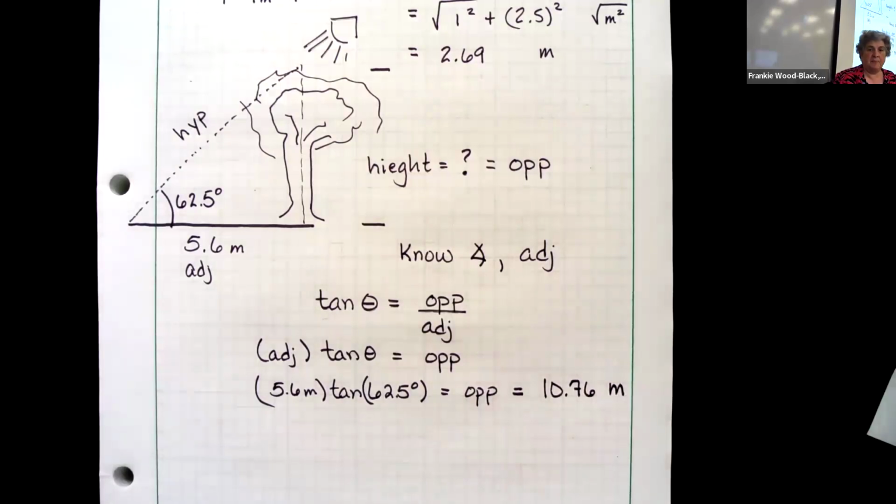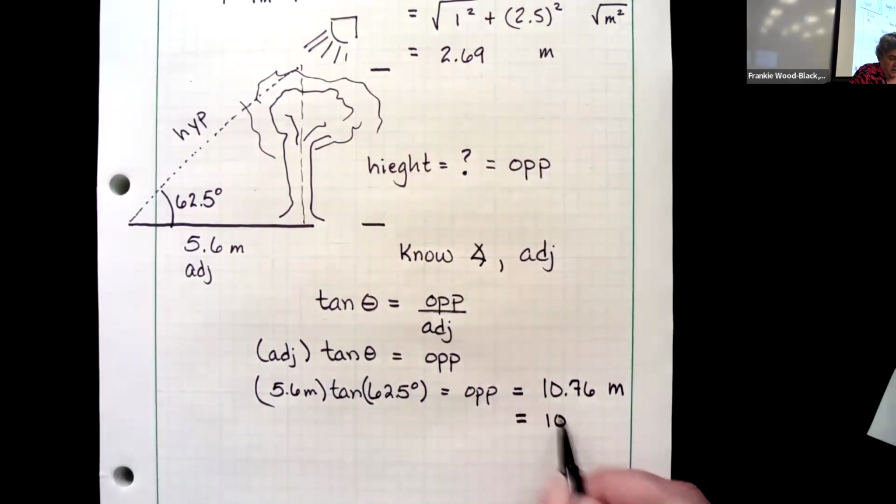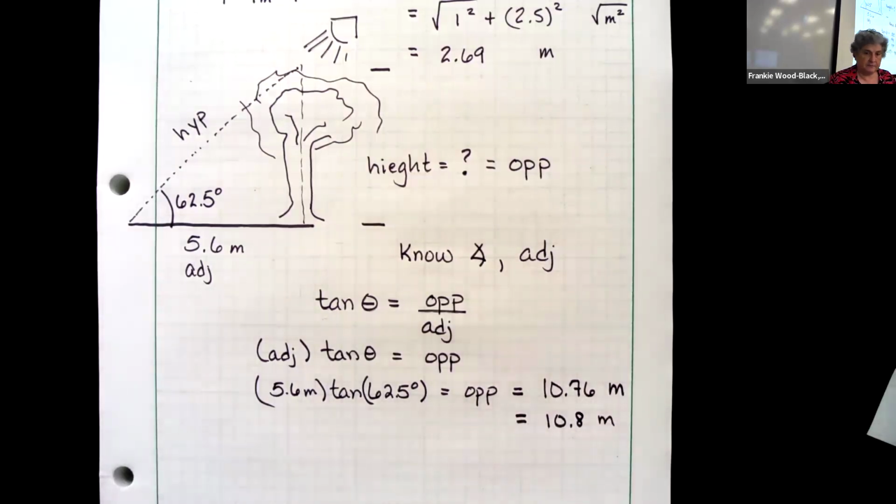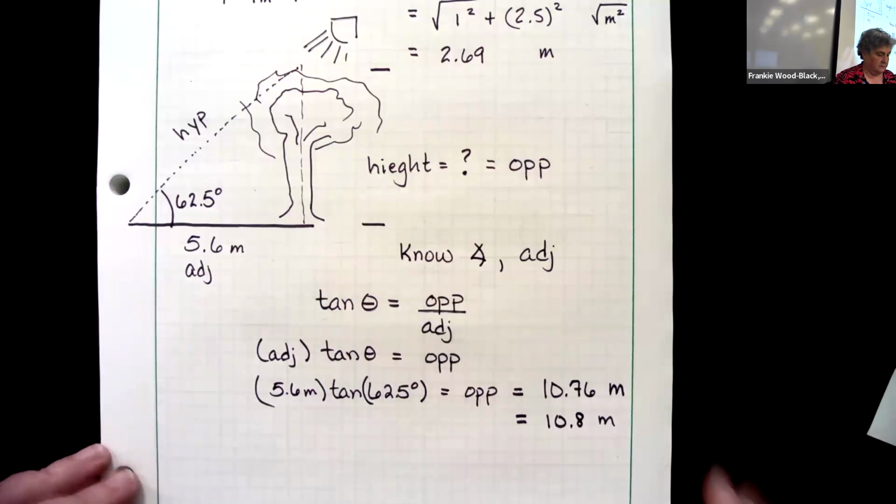If I wanted to keep the appropriate significant figures, just to keep us reminded on the appropriate significant figures, I end up with that. And so we can determine the height of our tree using trigonometry. We can also do some really cool things.